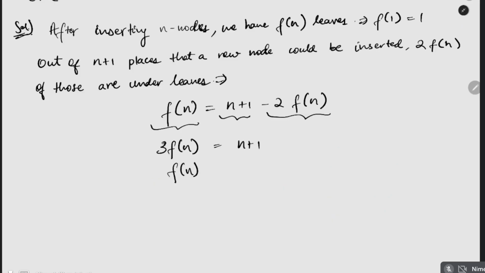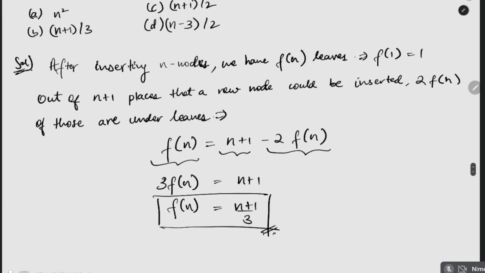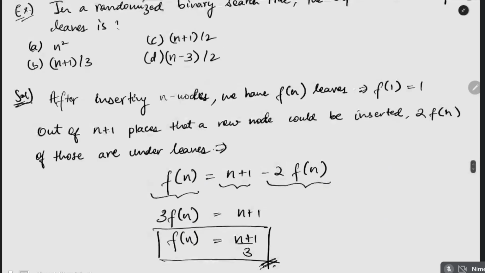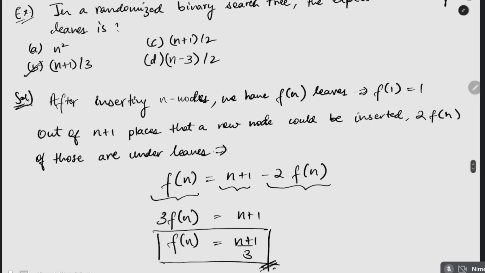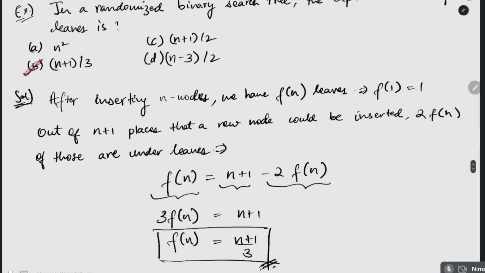So f of n is basically n plus 1 by 3. This is a simplified solution of the problem: what is the average number of leaves for a randomized binary search tree.